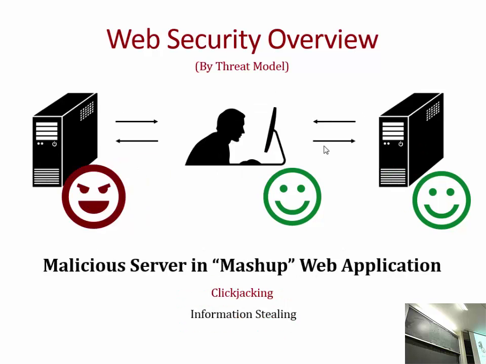Or you could have another threat where you have a malicious server in a mashup web application. What would be an example of this? This is again something that supports clickjacking.